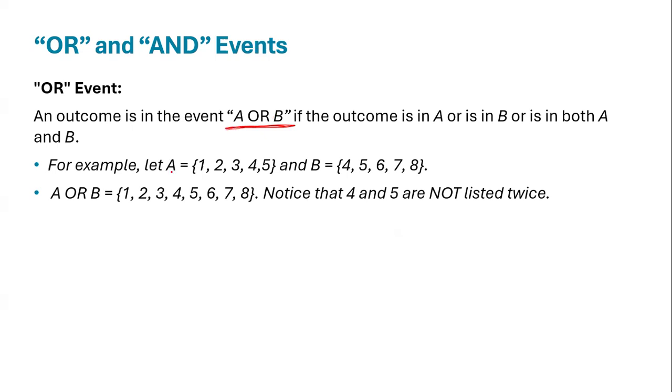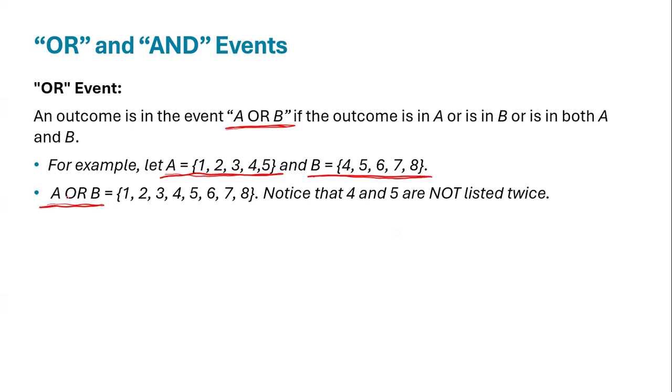For example, if event A is the numbers 1, 2, 3, 4, 5, and event B is the numbers 4, 5, 6, 7, 8, when I say A or B, that means I combine all of A and B. I put all of the outcomes of events A and B in one set notation.